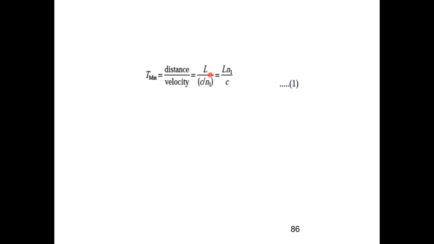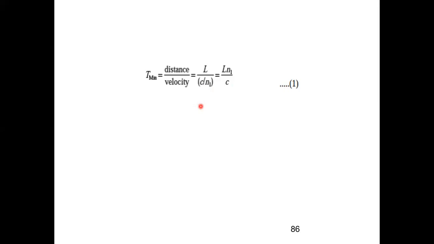Only the numerator part will change for T max, for the meridional ray. Please don't remain silent. This is simple geometry. Yes, Vidit? Couldn't hear you. L by cos theta. Okay.